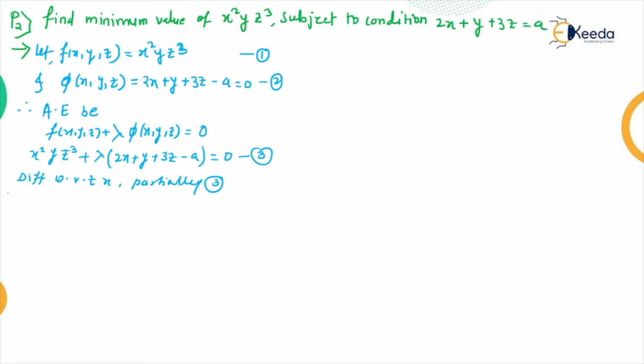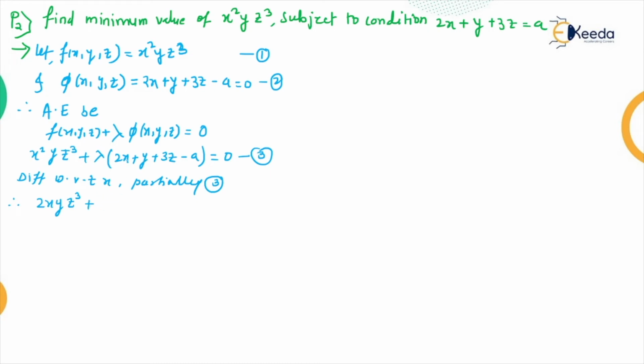Differentiating with respect to x, with y and z constant, we get 2x y z cubed plus the derivative of 2x plus y plus 3z minus a times lambda.